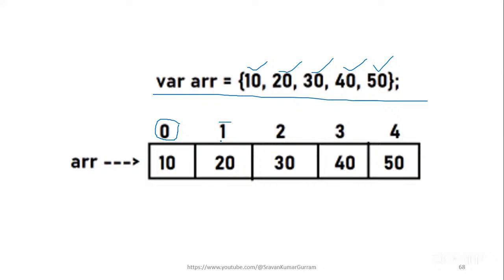The second element is indicated with 1, the third with 2, and every time it is incremented: 3, 4, and so on. So the starting index is 0, the ending index is 4, which is length minus 1. Length means how many elements it has. It has 5 elements, so 5 minus 1 is 4. At index 4, we have 50. So the point is, the index value always starts with 0 and ends with length minus 1. Clear?